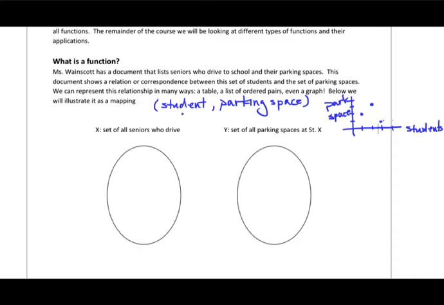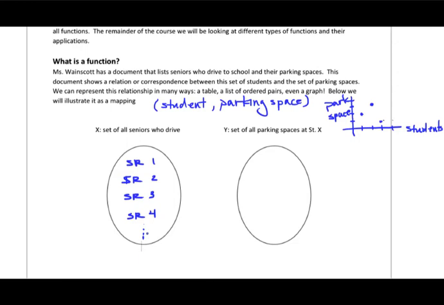We'll call X the set of all seniors who drive: senior number one, senior number two, senior number three, senior number four, etc. You would list all the seniors.